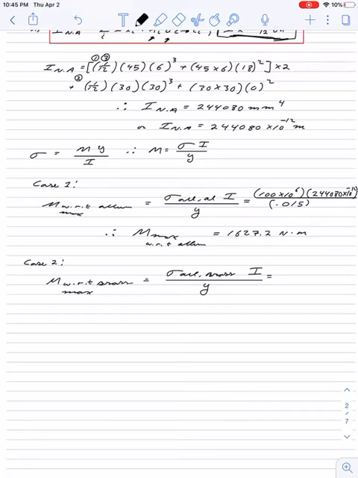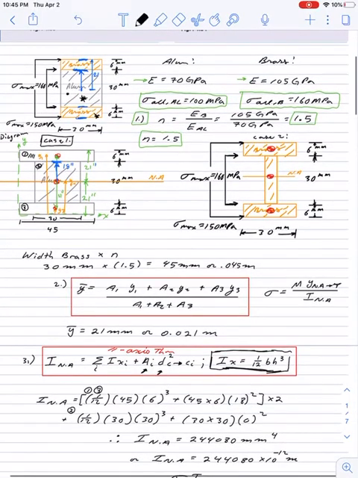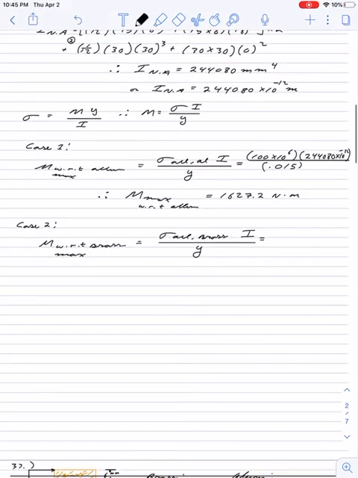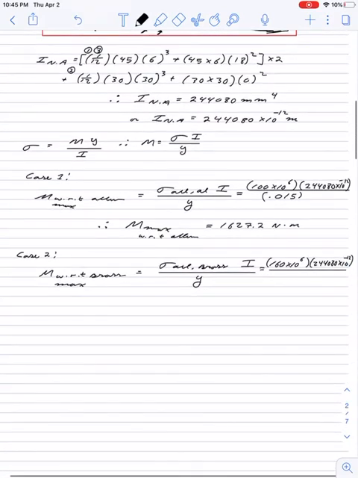That's 160 times 10 to the 6 multiplied by 244,080 times 10 to the negative 12, divided by the moment arm. We said the moment arm was 15 plus 6, which is 21, but if we convert that into meters, it'll be 0.021.